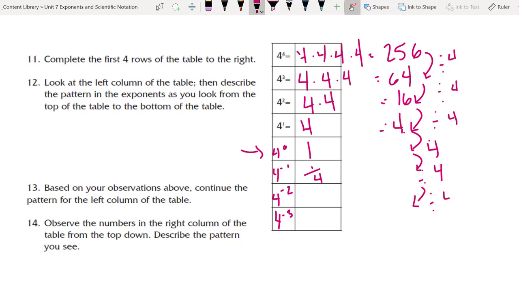Divide by 4 again. That'd be 1/16, which we could also write as 1/4 to the second. And then the last one, if we divide by 4 again, 1/64, or we could write it as 1/4 to the 3rd.